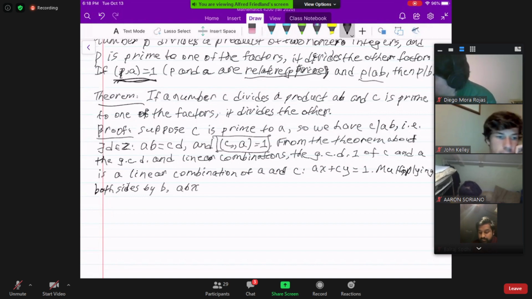I'm multiplying B into each term on the left side and the right side, plus BCY equals B. And we want to show that C divides B.